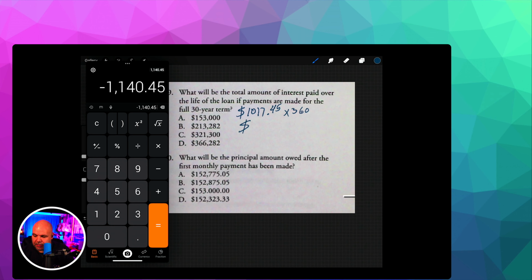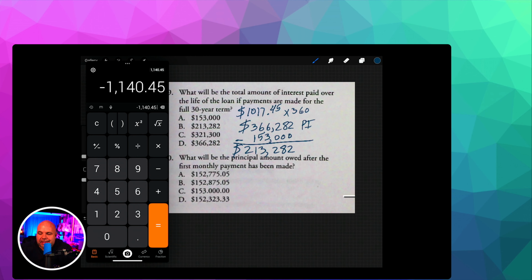That tells us we're paying $366,282 of PI over the entire 30 years. Then we subtract the original amount that we borrowed, the 153. That shows us that our total interest paid over the life of the loan is $213,282.